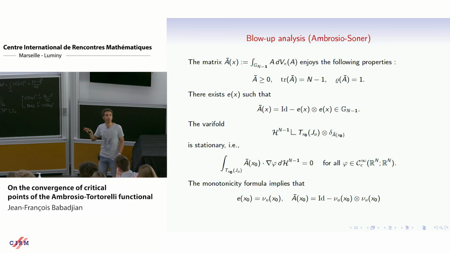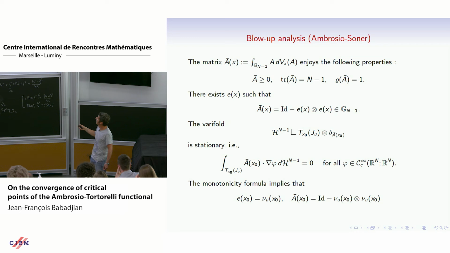Think of dimension 2 to simplify ideas, but what I'm going to say holds in any dimension. In dimension 2, when you have a non-negative matrix whose trace is equal to 1 and whose highest eigenvalue is equal to 1, you have two eigenvalues which are 0 and 1. So at least in dimension 2, by this algebraic argument, capital A of x at every point is a rank 1 matrix, so it is a projection matrix.